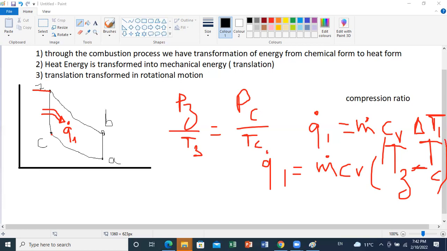I will write my ratio to determine what ratio of temperature I need to get my efficiency. Let us find together the expression of Q dot 2. We have heat rejection at this stage here. So Q dot 2 will be equal to m dot Cv times temperature at point B minus temperature at point A, since this process between A and B is also taking place at constant volume.